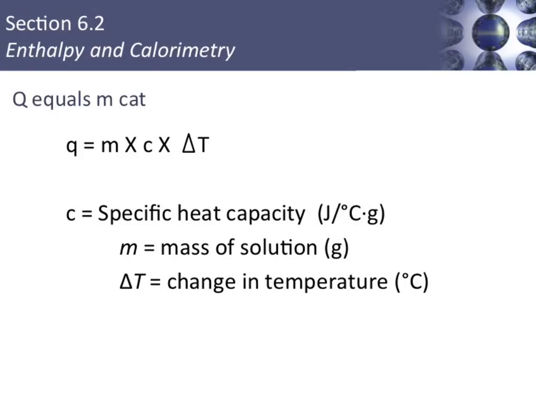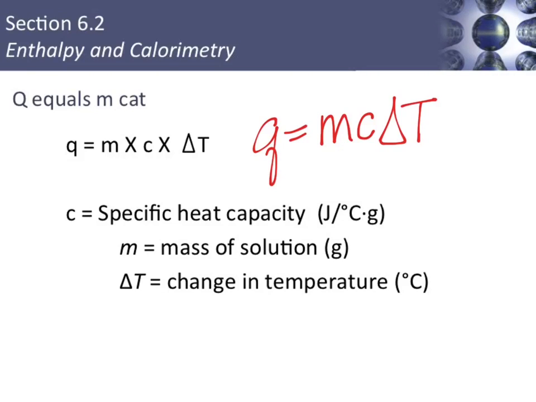All right. Q equals MC delta T. C is specific heat capacity, and that is of your solution, so the specific heat of your solution or your metal or whatever.